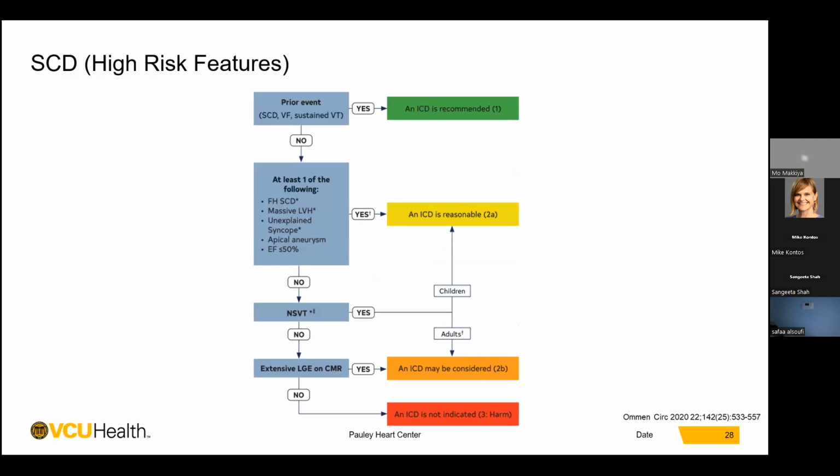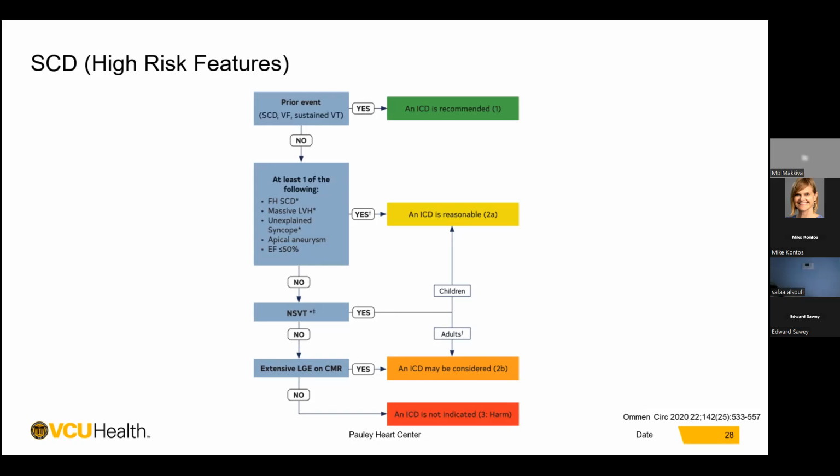This is also from the recent ACC/AHA guidelines, which show the risks for sudden cardiac death. Most of these are imaging diagnoses, and MRI also plays a big role for that. The indication for primary or secondary prevention ICD is if you're having high risk features. What are these features? If you have definitely a prior event, that's a class 1 indication.